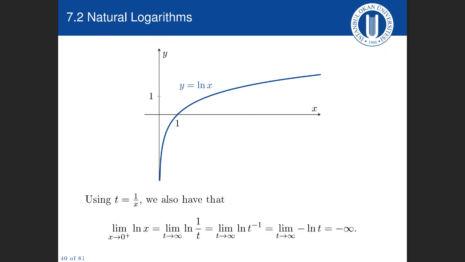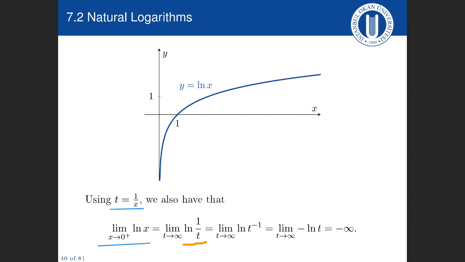If we do the substitution t equals 1 over x, we can also prove this. I want to calculate the limit as x tends to 0 from the right of ln x, and I'm going to do the substitution t equals 1 over x. So instead of ln of x, I'm doing ln of 1 divided by t. That's the same thing.